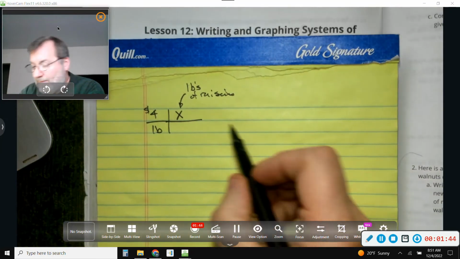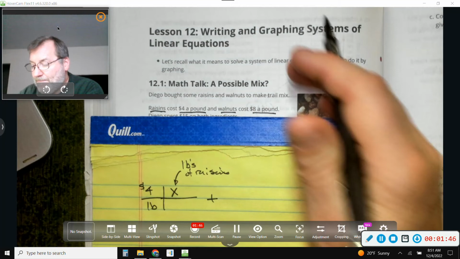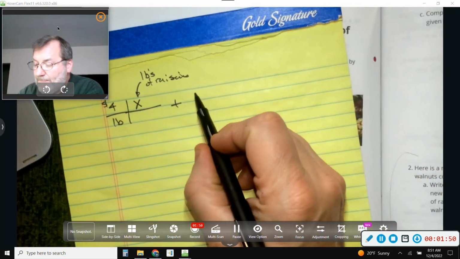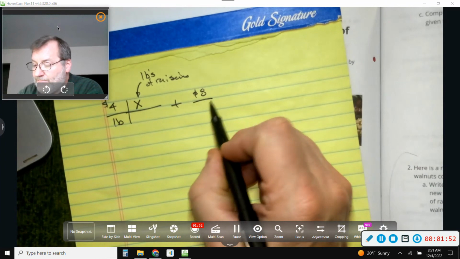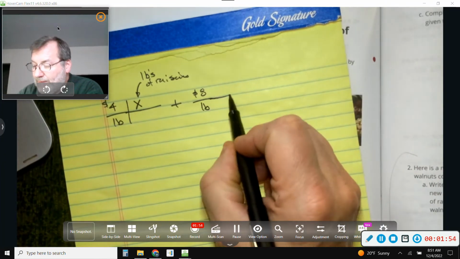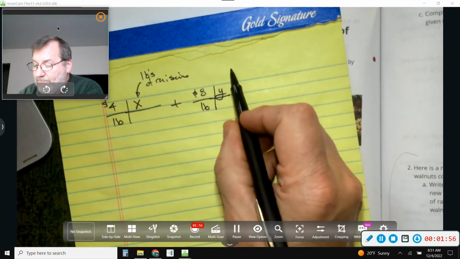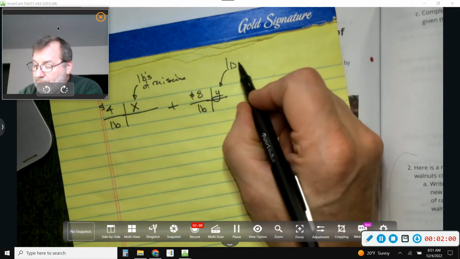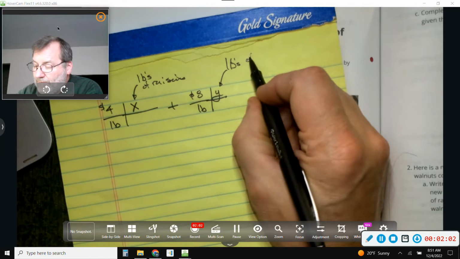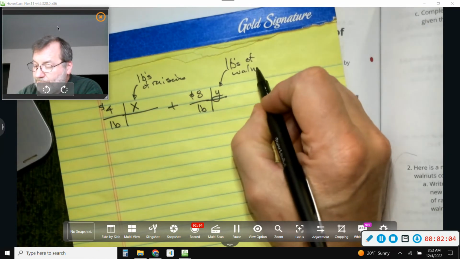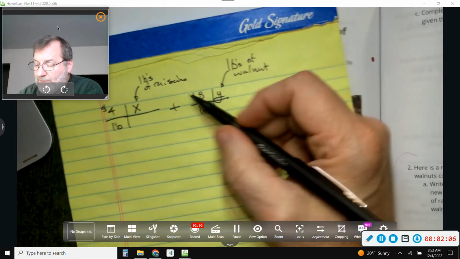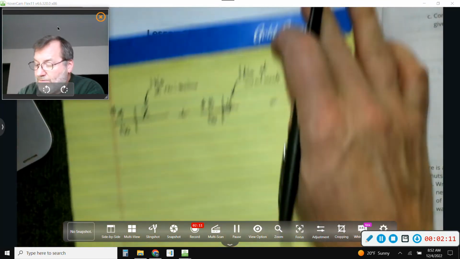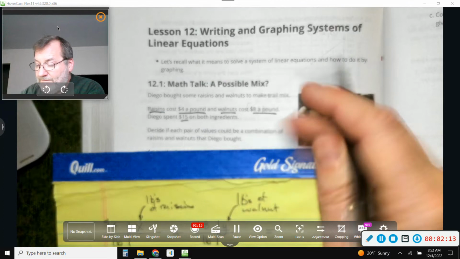And then I'm going to add to that the walnuts, which will be $8 per pound, and I'm going to make that variable Y, and I'll make the Y pounds of walnuts. As you can see, the pounds will cancel in each one of these, so you'll just get dollars plus dollars, and of course that total turns out to be $15.